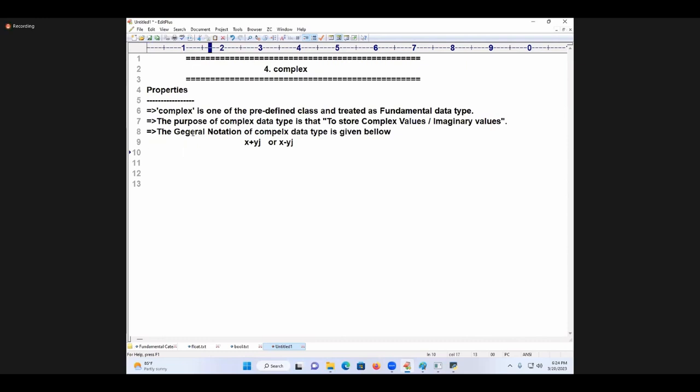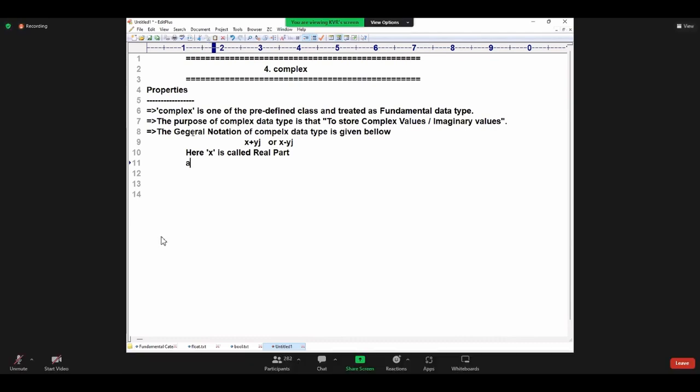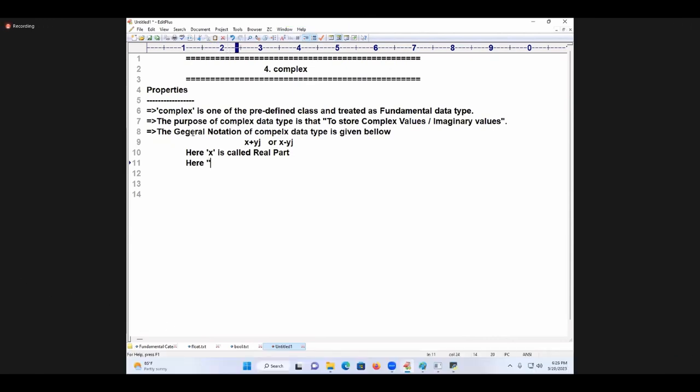Here, x is called the real part, and y is called the imaginary part.